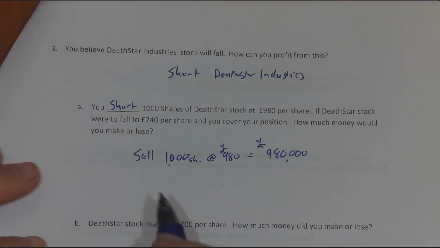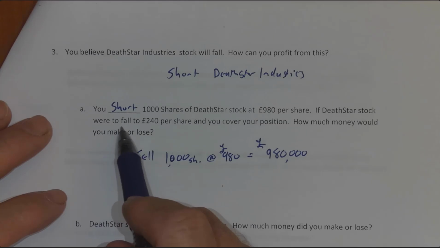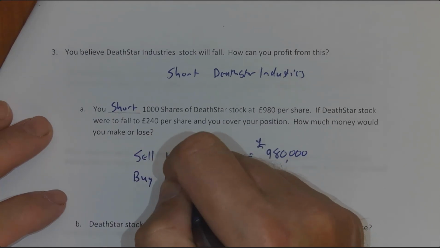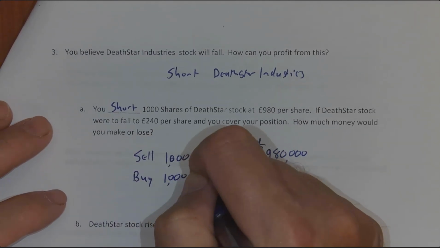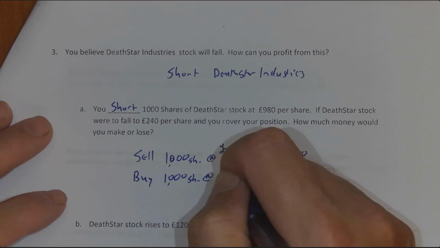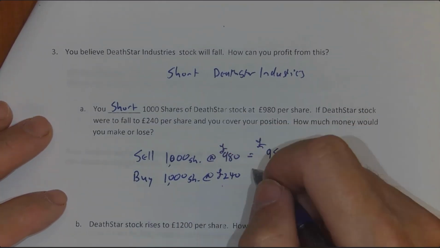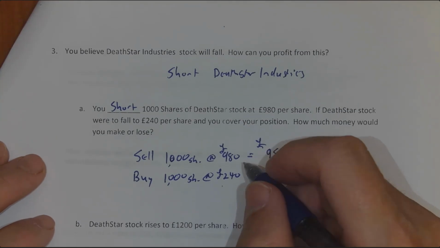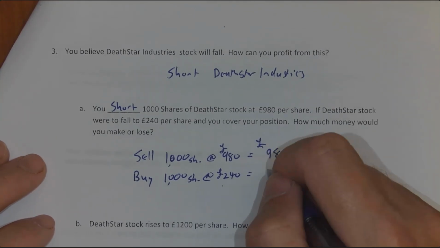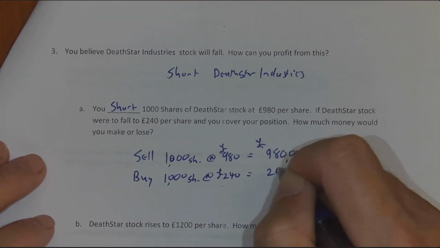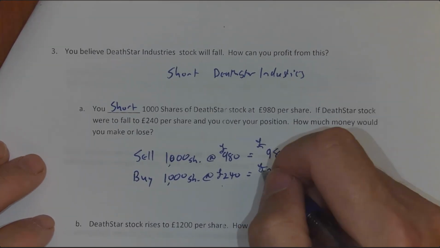Now what happens in this case is the price falls. This is what we were hoping. So now we're going to buy 1,000 shares at 240, and that's going to cost us 240,000 pounds.